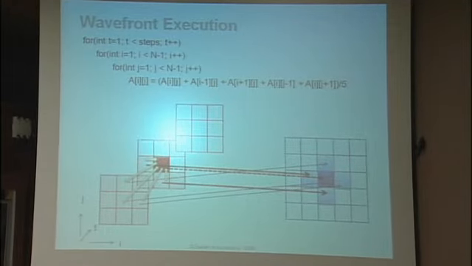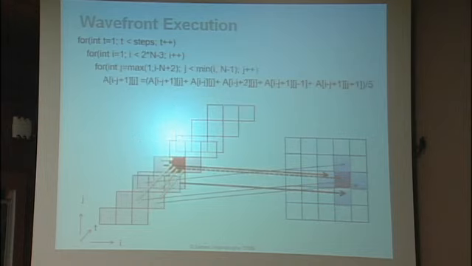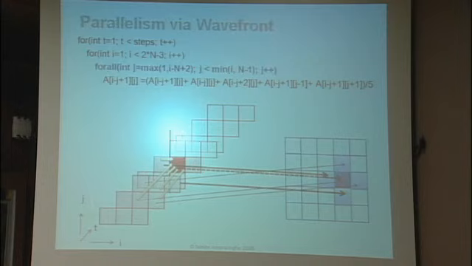So I can run all these diagonals in parallel. But the trouble with just a diagonal is I don't have a place in here to say the diagonal. So I basically skewed it and made the diagonal one loop. So then now the J loop I can run in parallel. So I can do it for all.